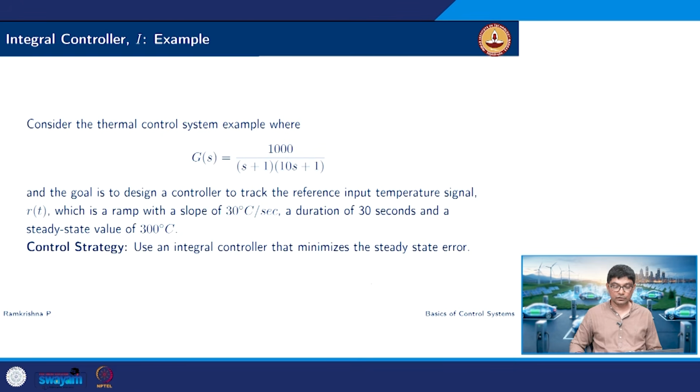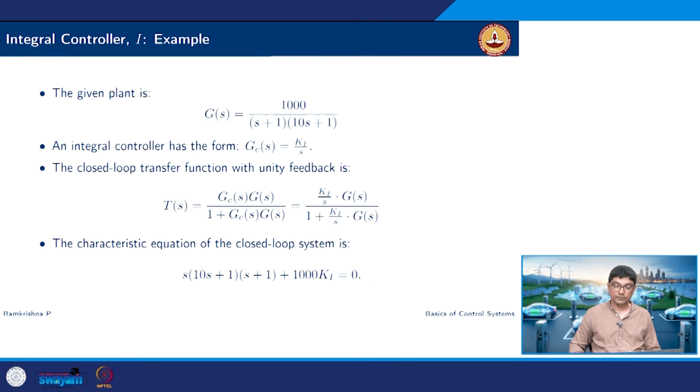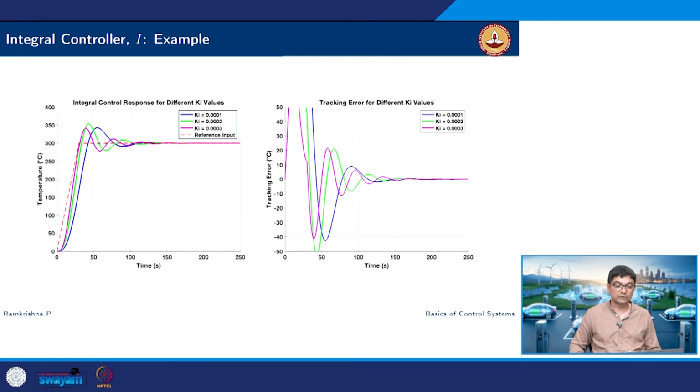Okay, I will just use the same example where earlier we had a certain steady state error depending on the value of Kp. I just do the math. This is easy to follow. What I see is that for different values of Ki, I always reach the steady state, or in other words, the tracking error always goes to 0.